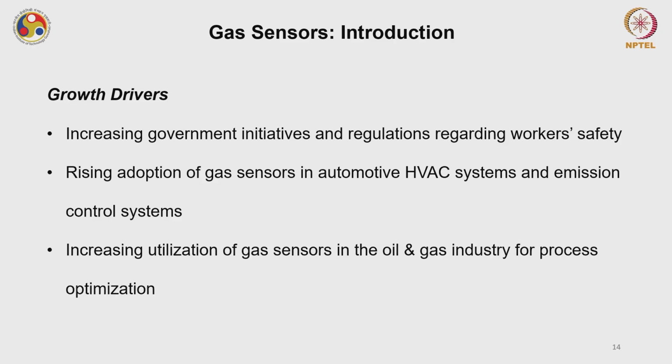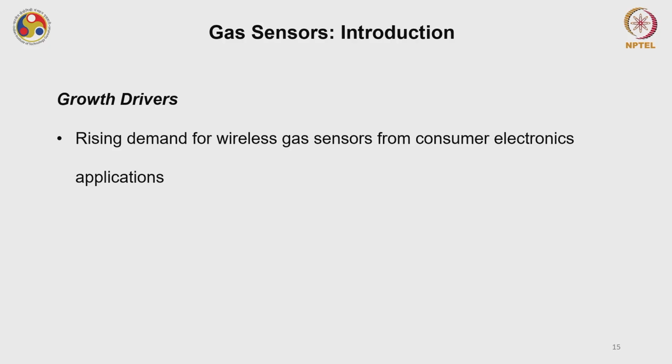Then increasing utilization of gas sensors in the oil and gas industry for process optimization is another growth parameter. Not only the oil and gas industry, but if you talk about the pharma industry, agriculture industry, food industry, everywhere gas sensors are playing an important role. Another factor that is helping this area to grow is the rising demand for wireless gas sensors from consumer electronic applications.